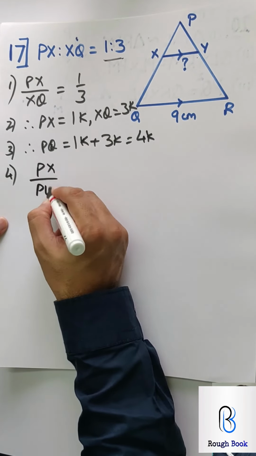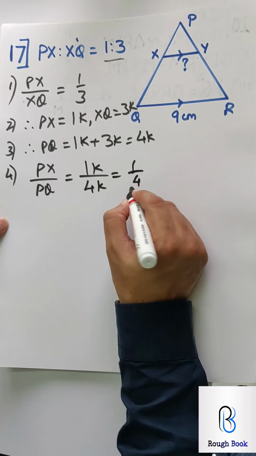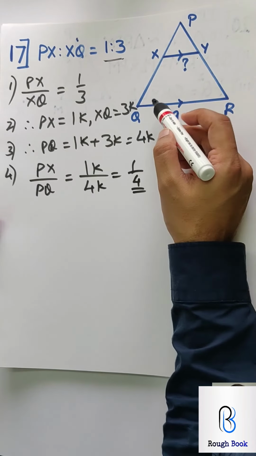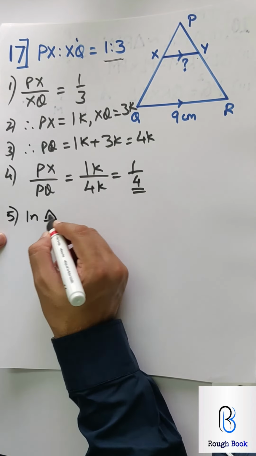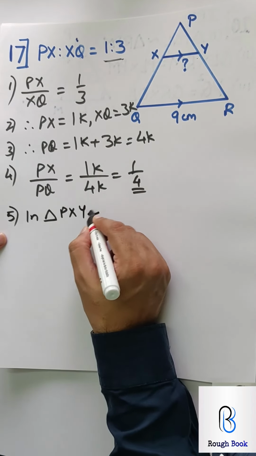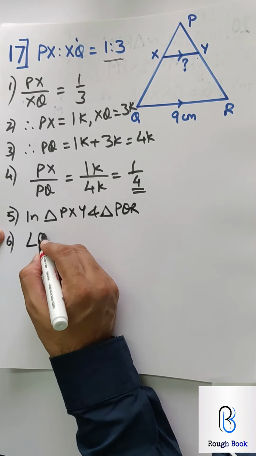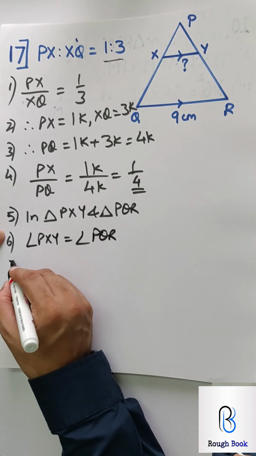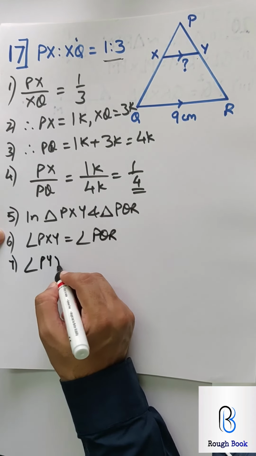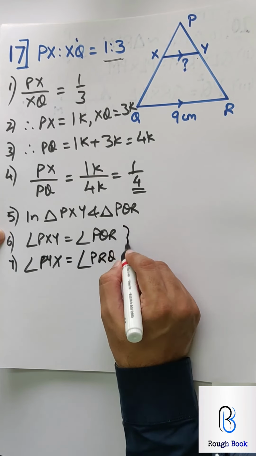So PX upon PQ, 1k upon 4k equals 1/4. Now that you got this 1/4, take the two triangles, prove them similar. So in triangle PXY and triangle PQR, we can say that angle PXY equals angle PQR and angle PYX equals angle PRQ.